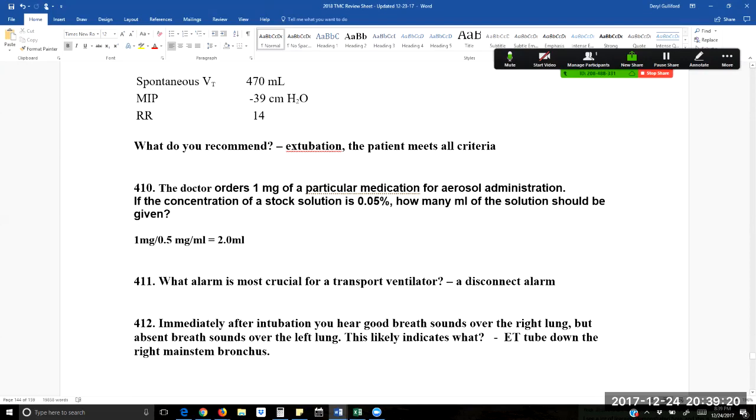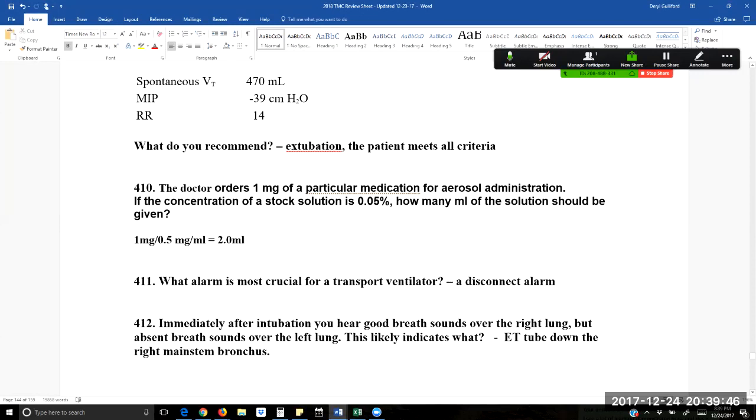So all you do is you take the 1 milligram and divide it by 0.5 milligram per milliliter, which is the same thing as 0.05%, and you find out that you need 2 milliliters. 1 milligram divided by 0.5 milligrams per milliliter, that's the definition of 0.05%. That gives you 2 milliliters.